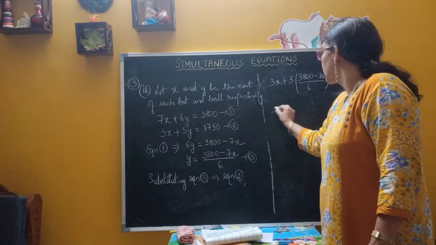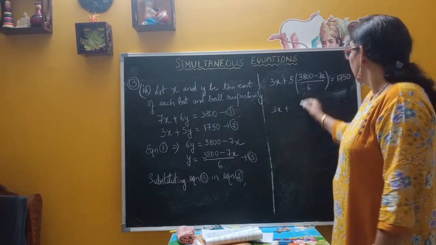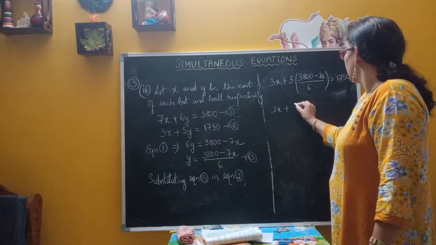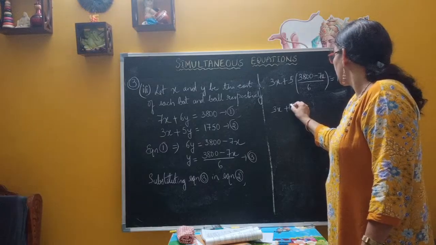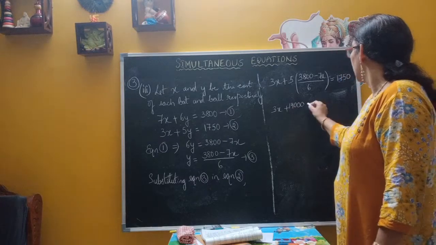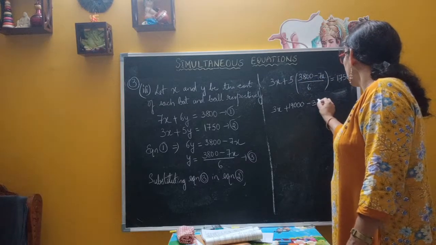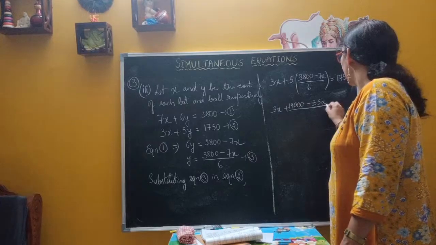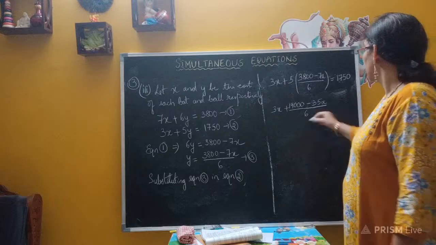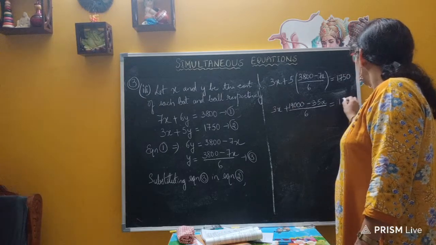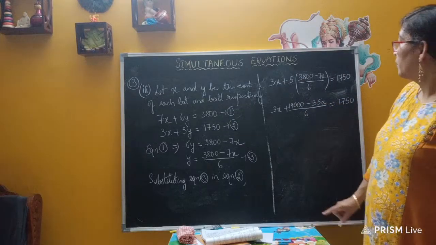So 3x plus 5 into 3800. 5 zeros are 0, 0, 5 eights are 40, 5 threes are 15 plus 4, 19. 19,000 minus 7x, that is 5 into 7x, 5 sevens are 35x, 35x, that is by 6, is equal to 1750.